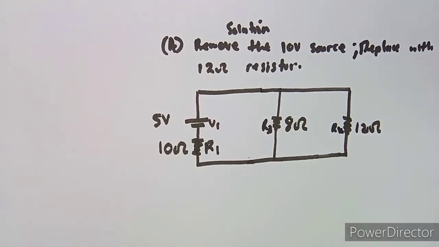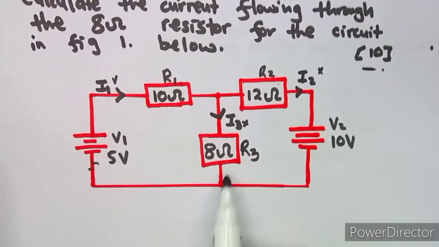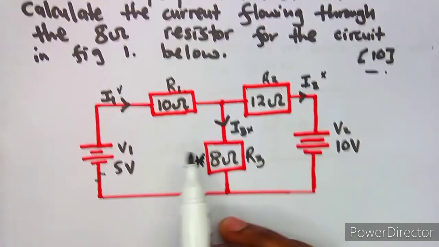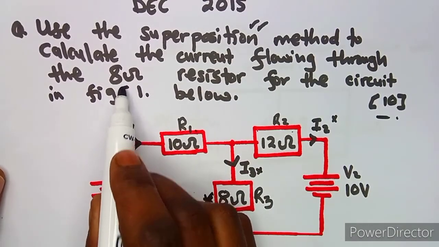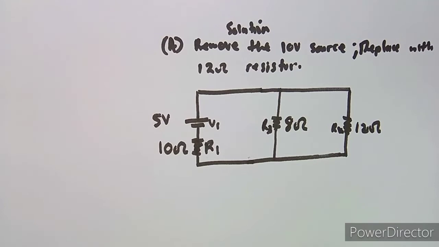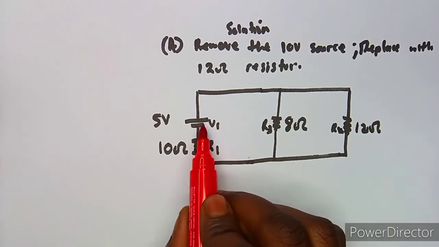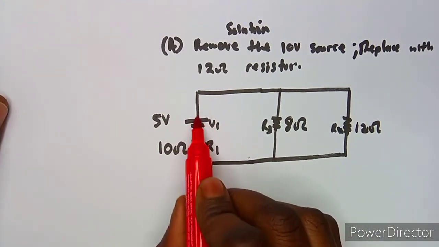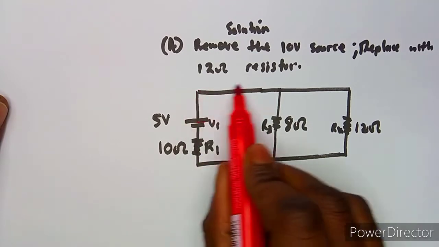What we are focusing on is this 8 ohm resistor here, but we can't just calculate the current in the 8 ohm resistor. We have to consider the circuit and how the current is going to flow, from this source going in this direction.